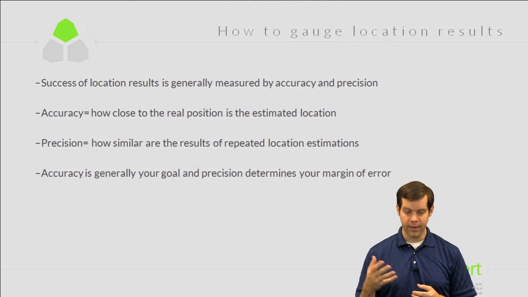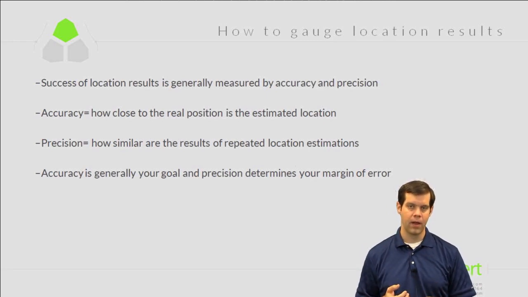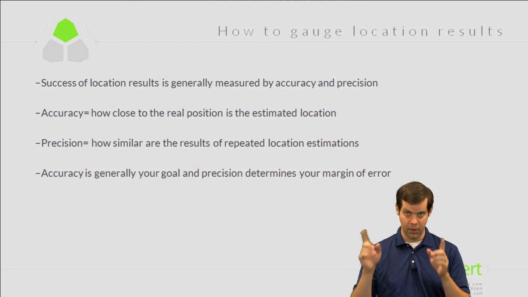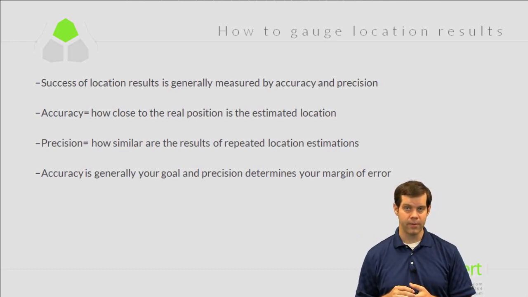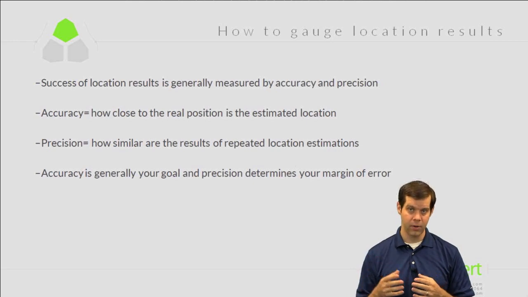Successive location results are typically measured based on both accuracy and precision, and you might wonder what the difference is. Accuracy is how close to the real position you are. If you think of a bullseye on a target, how close are you getting to that middle center circle? That's accuracy. Precision is how similar repeated results are to each other.